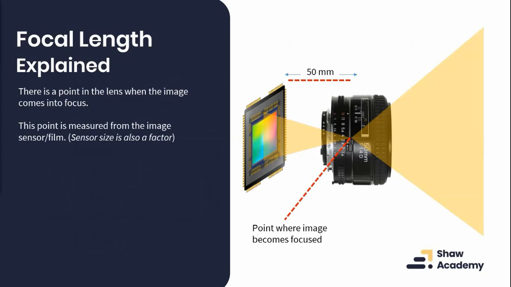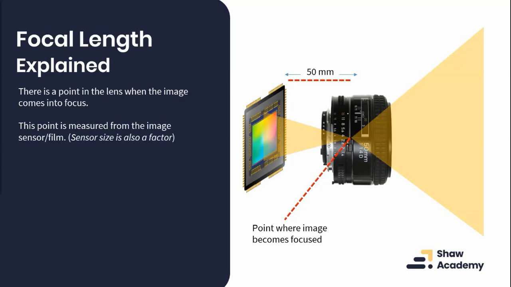The point in that 50mm lens where the image becomes focused, where it becomes sharp, measured to this image sensor, that area is 50mm. And that is where those millimeters come from. So 50mm is a very small amount of space, but within that area, that point is 50mm where the image becomes focused, measured to where it is being captured on the image sensor.